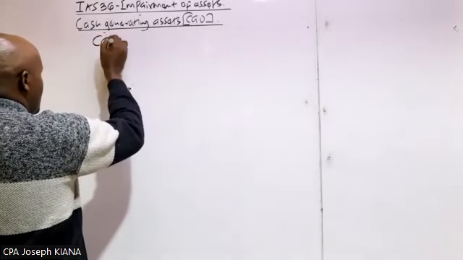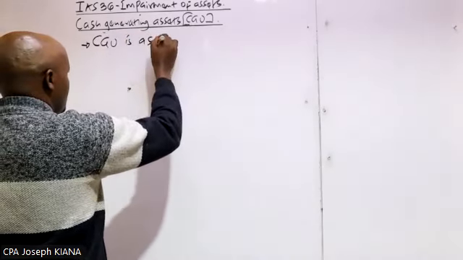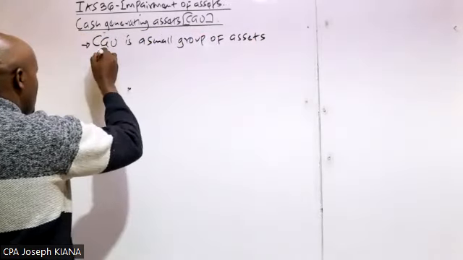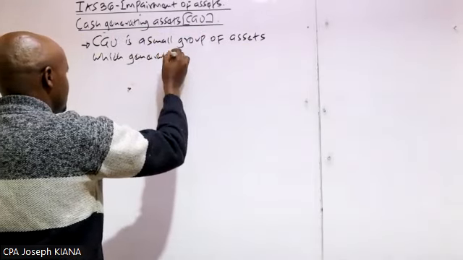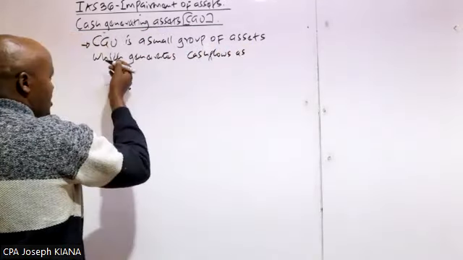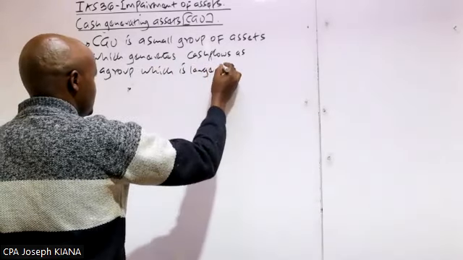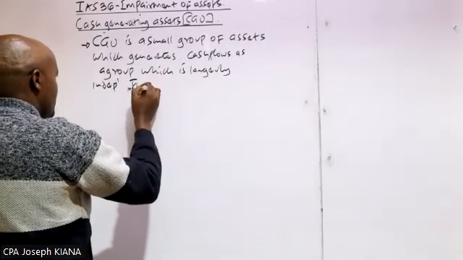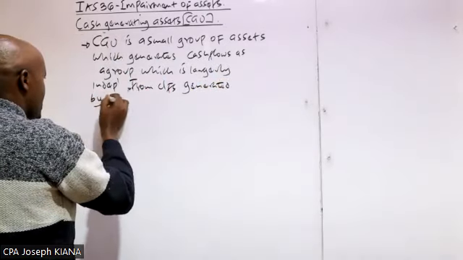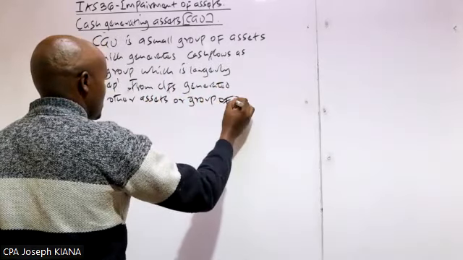But even before we look at how to determine the impairment loss of the CGU, first of all, you can say that a cash generating unit, that is a CGU, is the smallest group of assets which generate cash flows as a group, which is largely independent from cash flows generated by other assets, or other groups of assets.